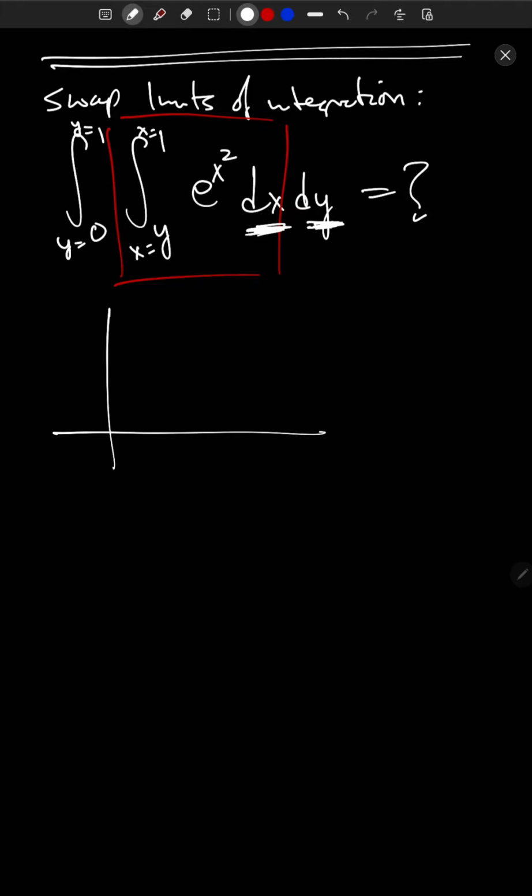Perhaps in this case it's easier to start with the outer one. So our horizontal lines will start at 0 and end at 1. Our horizontal lines will be in between these two, in this region here. Now our horizontal lines are going to start at x equals y, which is just the diagonal line right here.